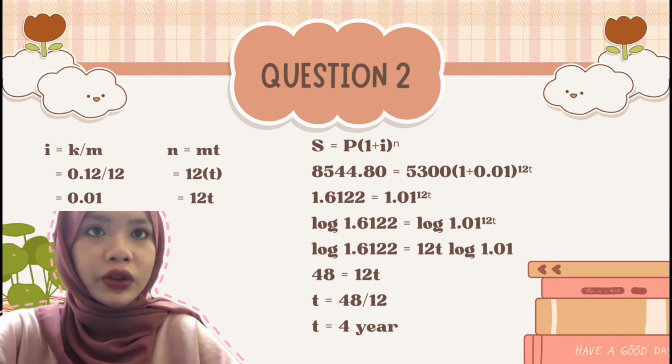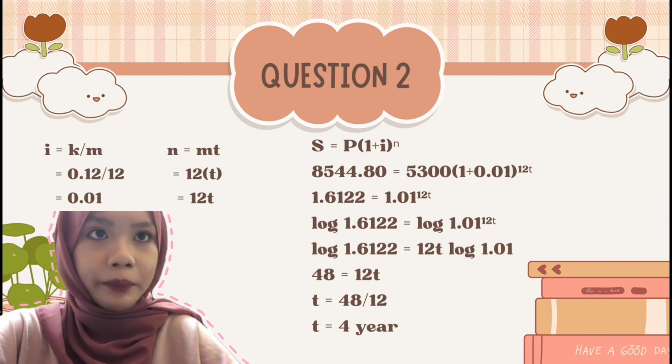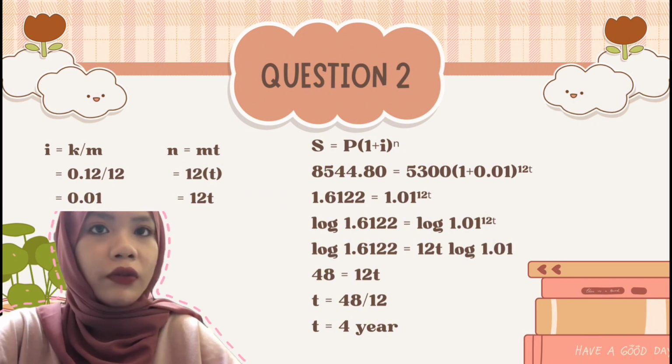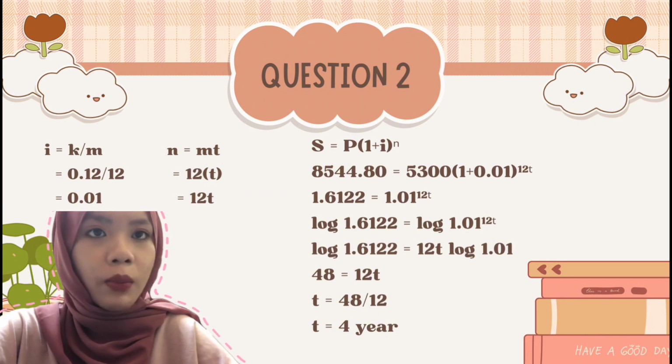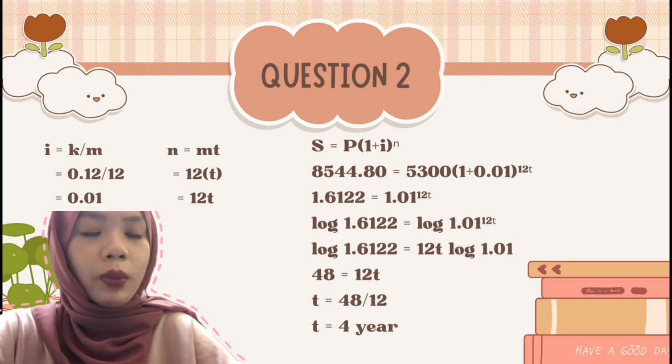Move 5,300 to the left side. 8,544.80 over 5,300, we got 1.6122 equals 1.01 to the power of 12 multiply t.